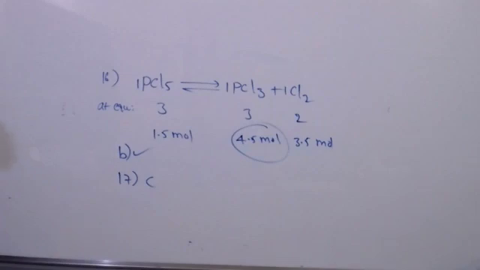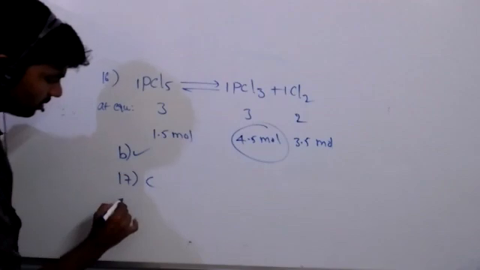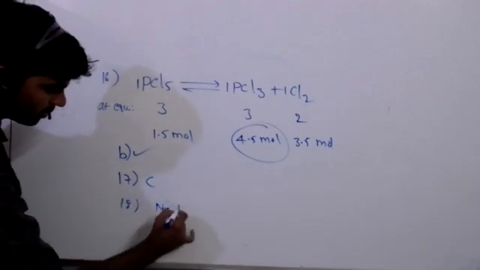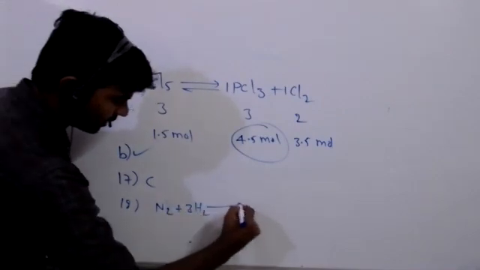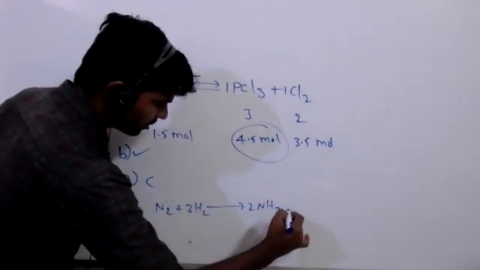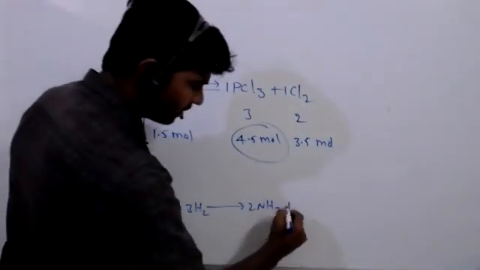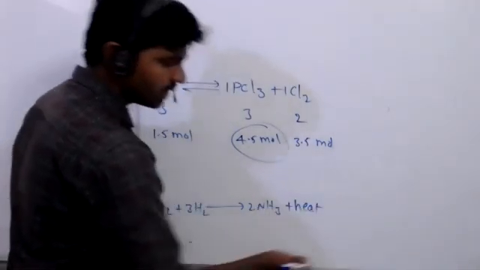18. N2 plus 3H2 gives rise to NH3 plus heat. What is the effect of an increase of temperature on the equilibrium of the reaction? This is based on the Le Chatelier principle. The reaction is already exothermic. N2 plus 3H2 gives rise to NH3, and heat is given, it means heat is released.